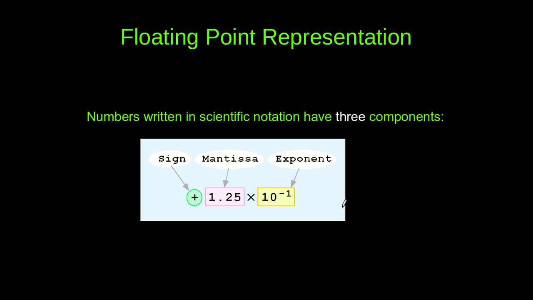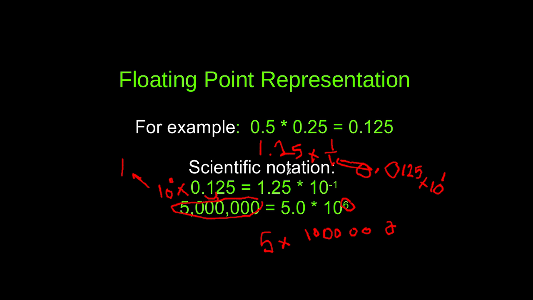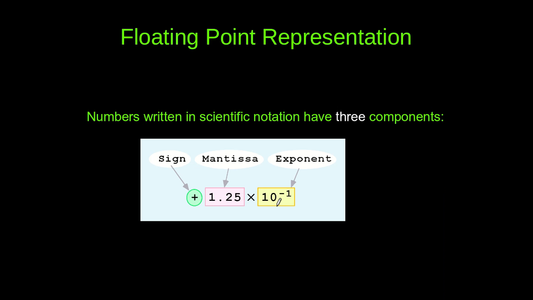So let's see. Numbers written in scientific notation have 3 components: the radix, the mantissa or the significand, and the sign. We have it if it's positive or negative. Those 3 parts, and this is what we're gonna cover today.